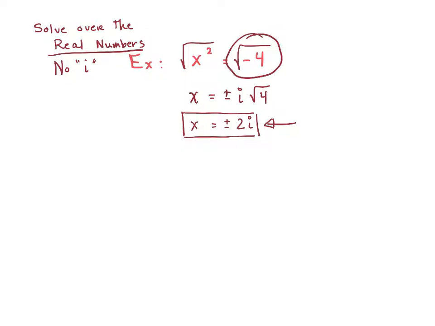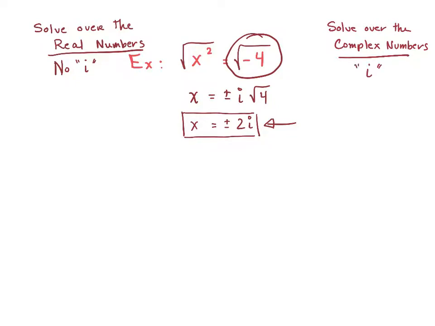So if this said solve over the real numbers, we'd say, hey, there are no real solutions. And then if your directions say solve over the complex numbers, then you are allowed to use i.